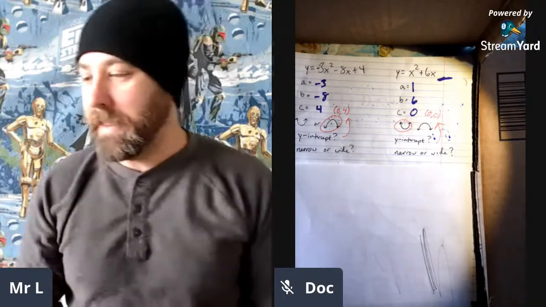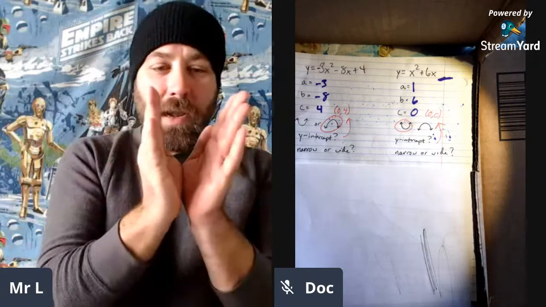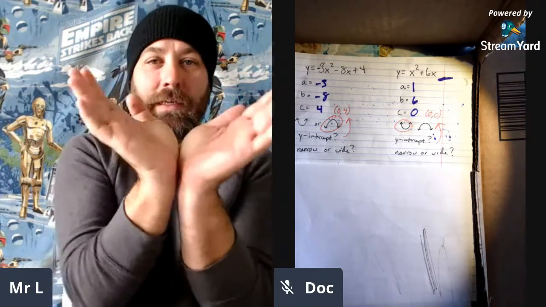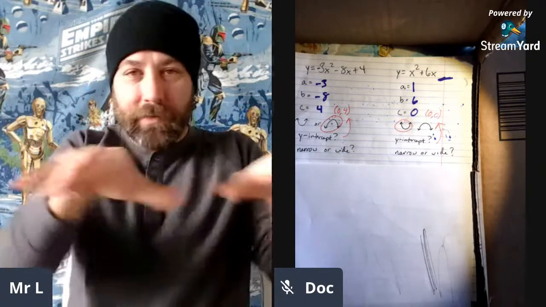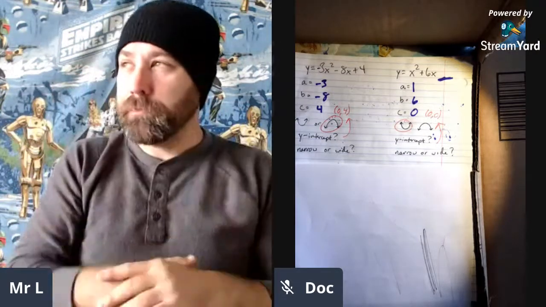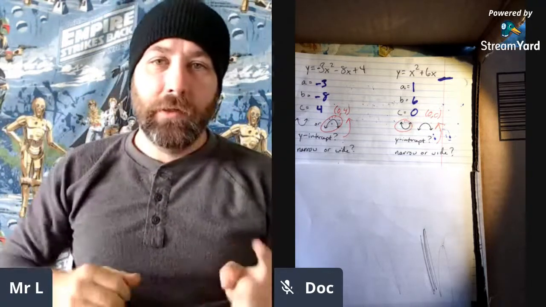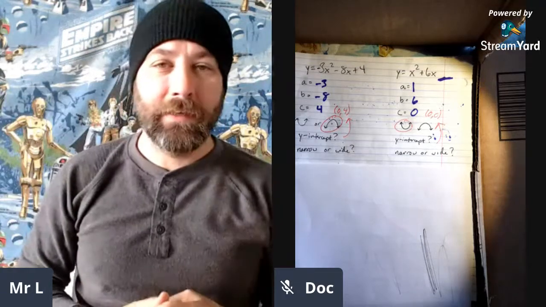Now, the last thing, and we haven't discussed it yet, but is this going to be a more narrow parabola, you know, a skinny parabola, or is it a wide opening parabola, whether it's opening upward or downward? And that you can tell by looking at the number that is in the place of A. So A can kind of tell you two things.